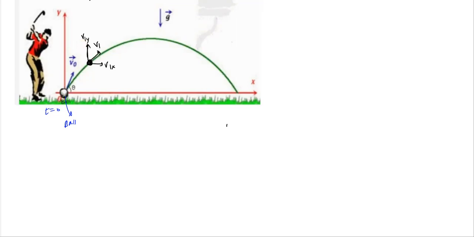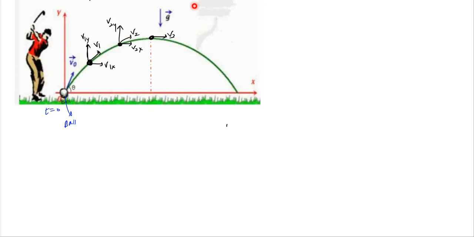After some time, the ball will be here. It will have v2x, v2y, and v2. Then at the highest point, this will be the highest point. Here, what about the ball? It will have the component, say v3.